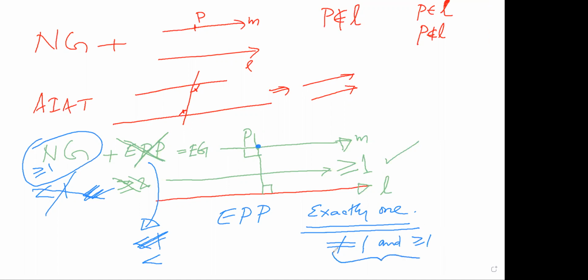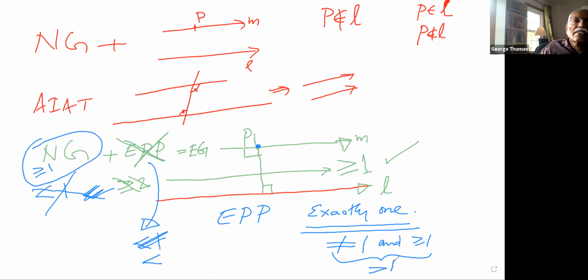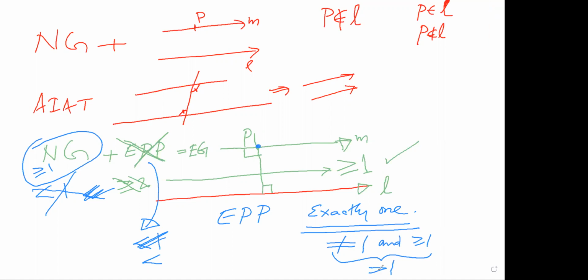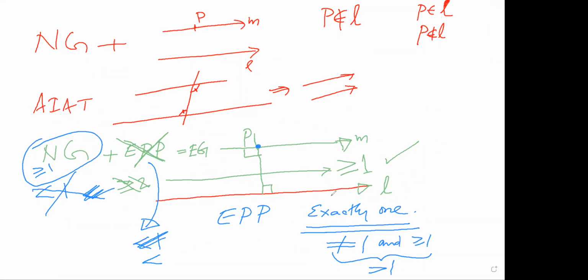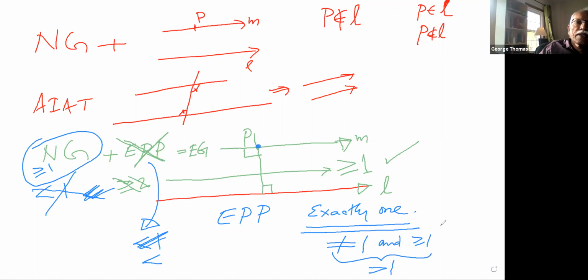So this will give you greater than or equal to 2. Exactly. Or we can say greater than 1. So the opposite of EPP in neutral geometry will be greater than one parallel.